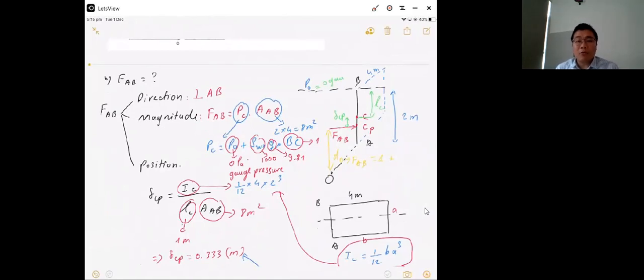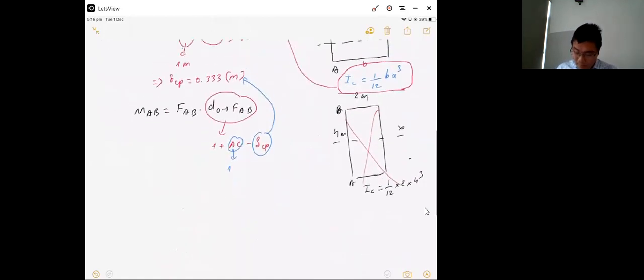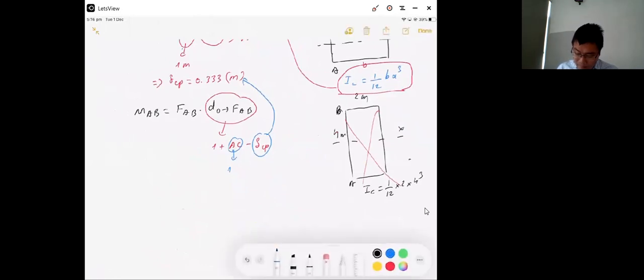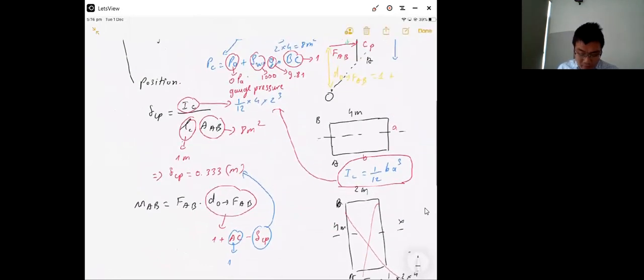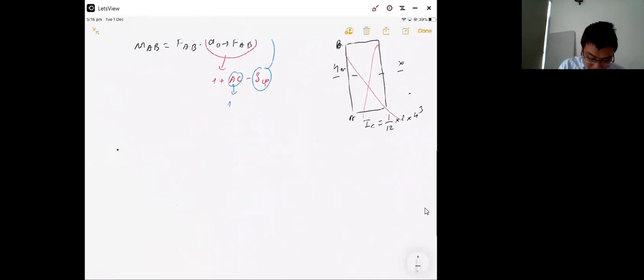Because LC is, for example, for AB, in the AB direction, or vertical. But for OA, LC is in the OA direction. Okay, so LC will not be vertical. See, for example, FOA.